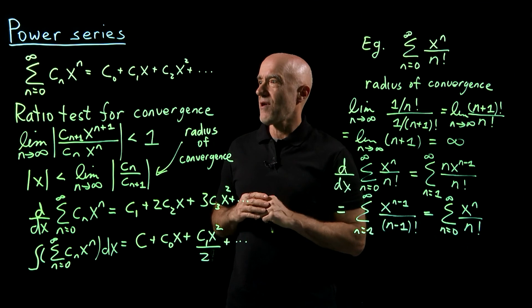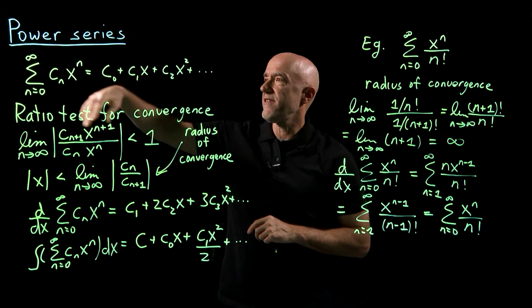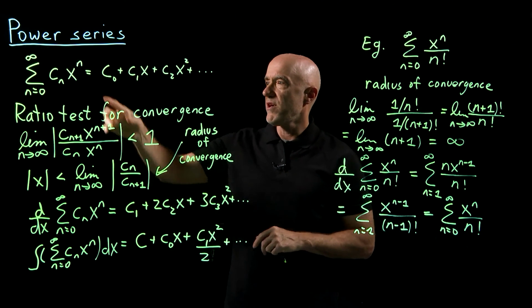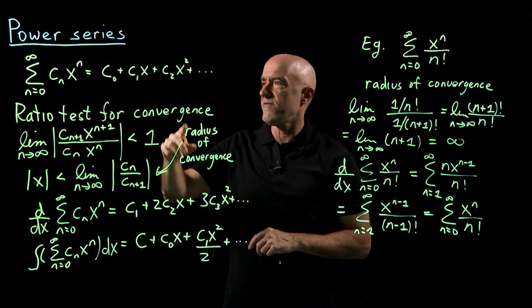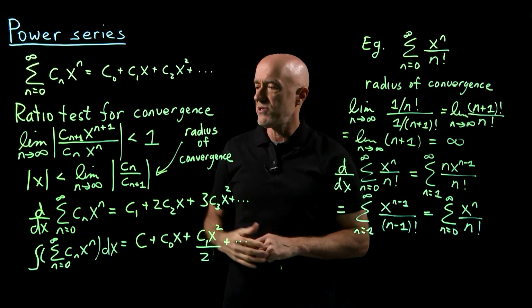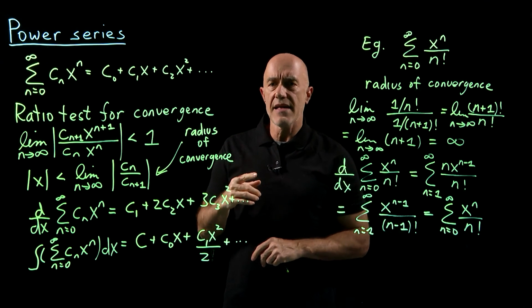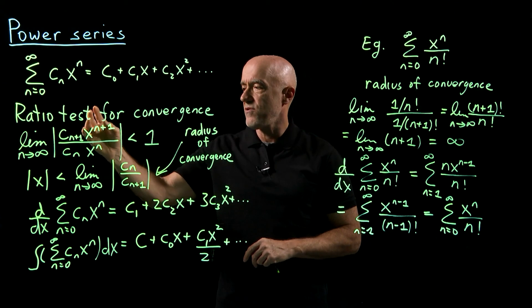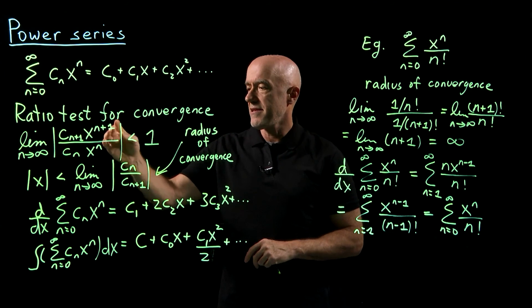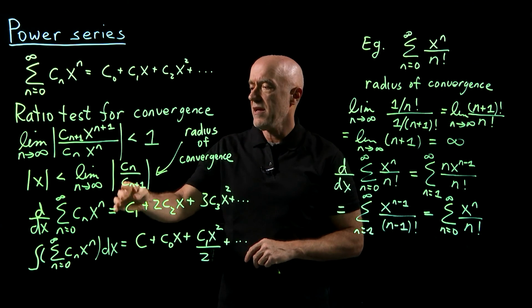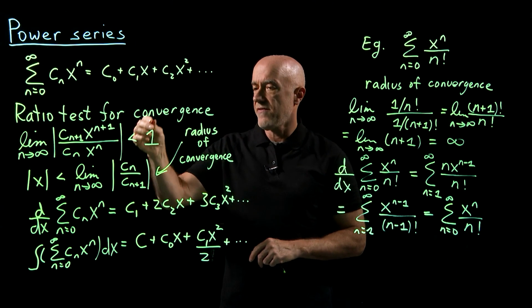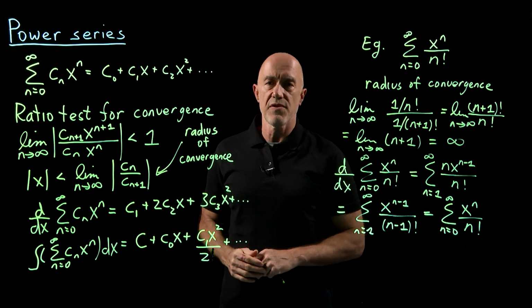Okay, let me summarize. Here I want to give a general formula for a power series. We applied the ratio test for convergence to this power series, and we find that this power series converges as long as the absolute value of x is less than the limit as n goes to infinity of the absolute value of the c sub n coefficient divided by the c sub n plus 1 coefficient.